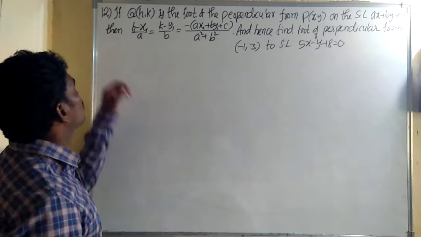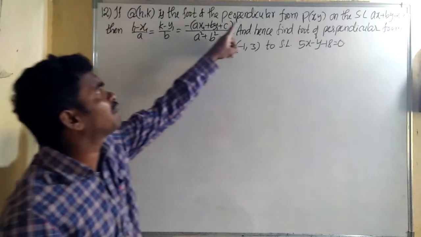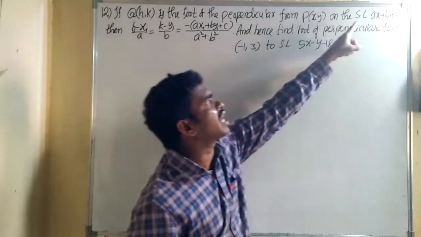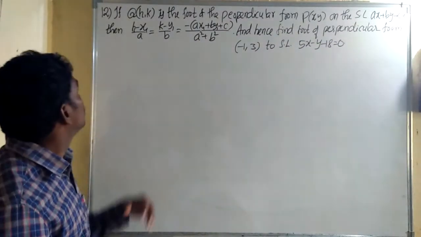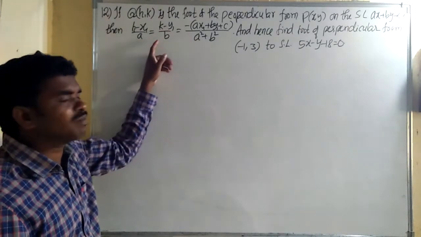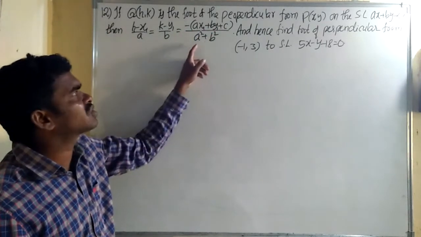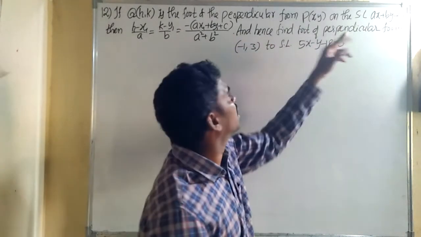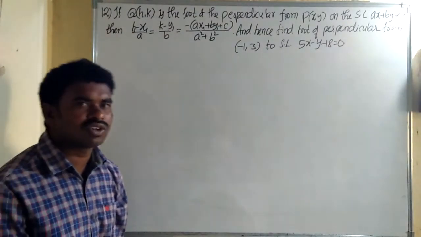First of all, listen. What is the question? If Q (h comma k) is the foot of the perpendicular from P (x1 comma y1) on the straight line ax plus by plus c is equal to 0, then (h minus x1) by a is equal to (k minus y1) by b is equal to minus of (a x1 plus b y1 plus c) by (a square plus b square), and hence find the foot of the perpendicular from minus 1 comma 3 to the straight line 5x minus y minus 18 equal to 0.